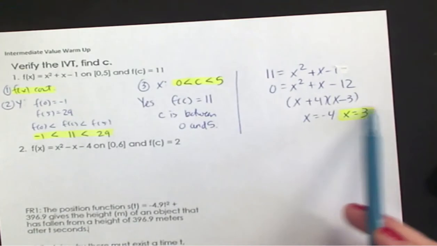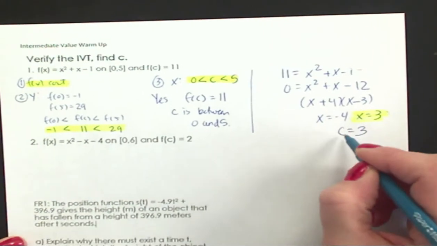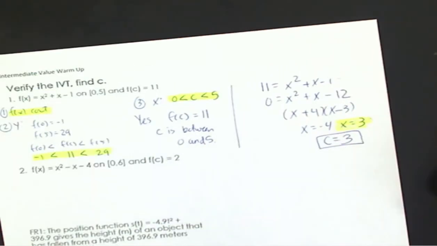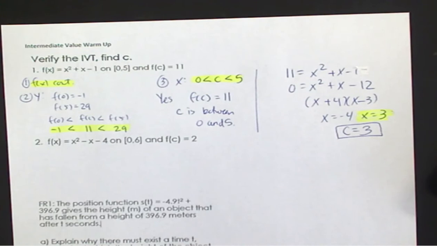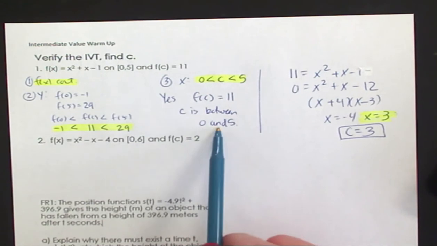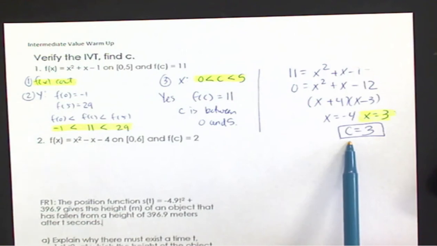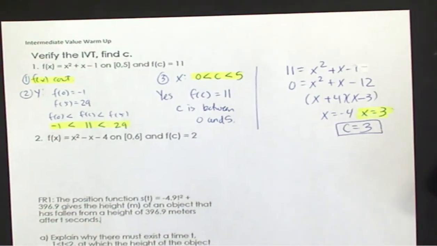They're only asking about this one because they wanted you to find c. So c is 3. That's the solution that fits into the inequalities that we wrote. Yes, there is a solution between 0 and 5. Then I found the solution between 0 and 5.